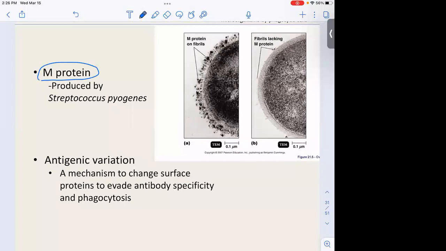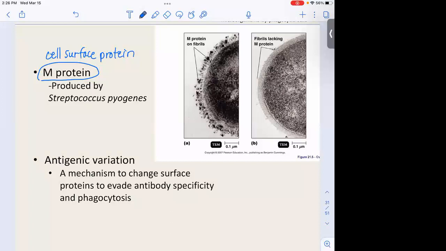This is what's called a cell surface protein. I believe your book says the M protein is associated with fimbriae. I do not think that's correct. I've never heard it being associated with fimbriae. It's associated with the surface, with the cell wall of the strep pyogenes.